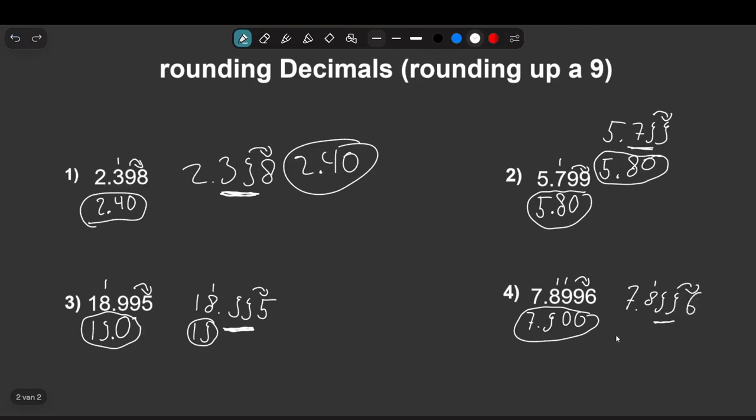So we just end up with 7.9 for our final answer. And guys, don't forget, these two answers are completely the same value, because any 0 to the right of the decimal won't have any value.